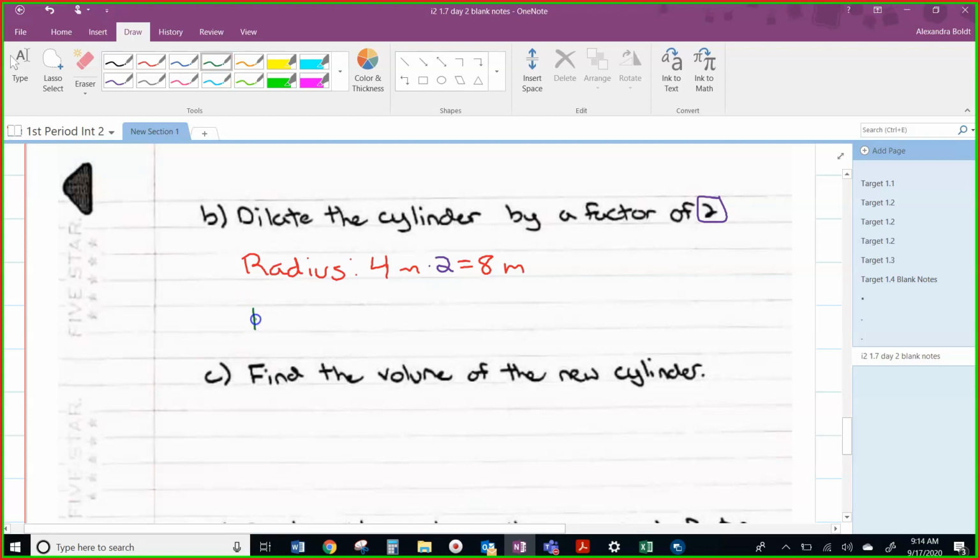And then our height was 10 meters. I'm going to scale it by a factor of 2. So our new height is 20 meters.